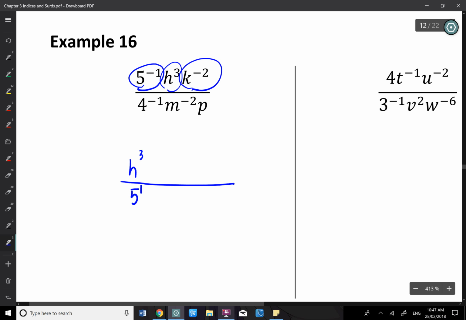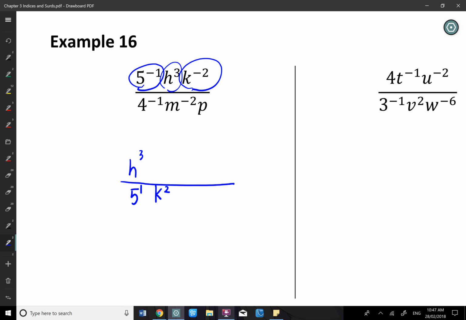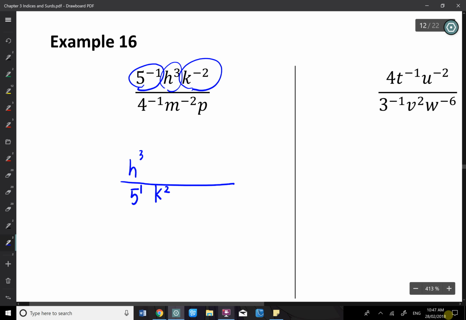And then k to the power of -2, which shouldn't be here, so you will have k to the power of 2 at the bottom, with the same size. And then we have 4 to the power of -1, which means it shouldn't be in the denominator, so you will times 4 onto the top. Just swap it. And then m to the power of -2, you will go for m to the power of 2.